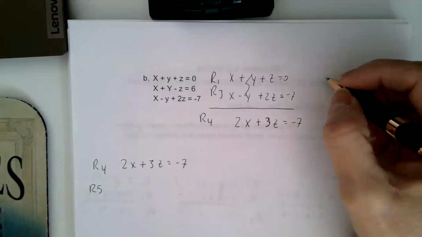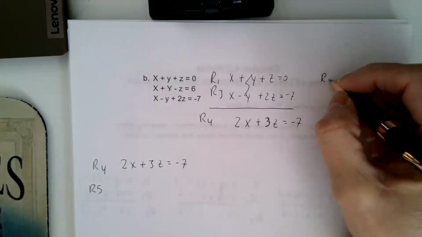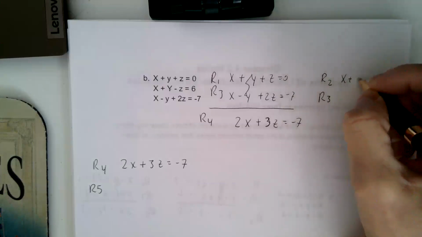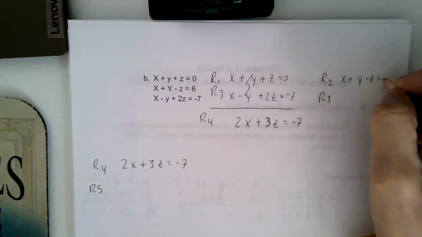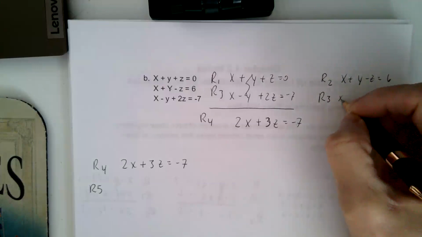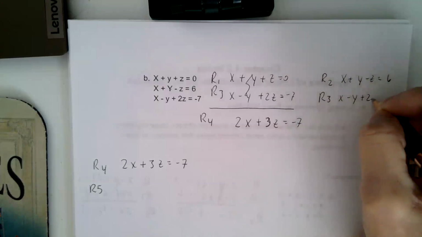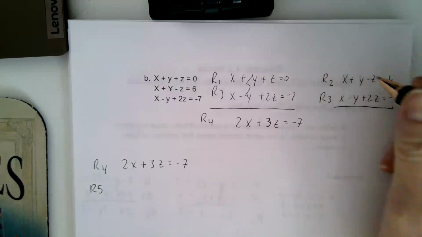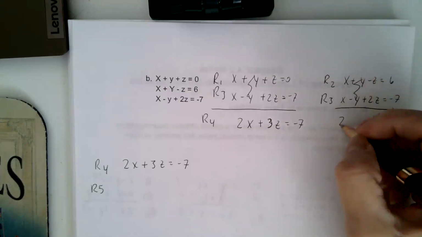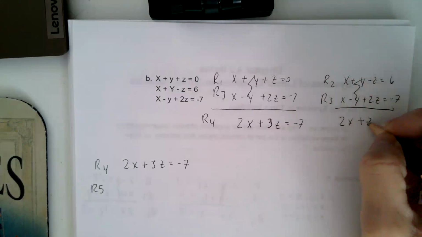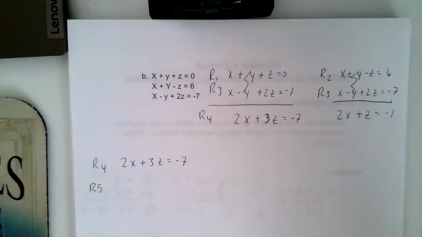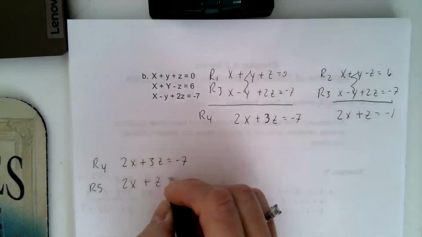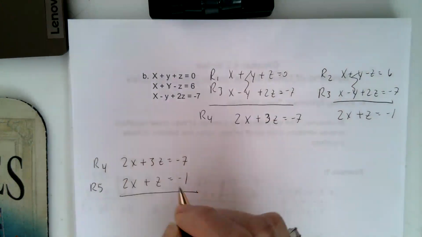And then I'm also going to do row 2 with row 3. So x plus y minus z equals 6, and x minus y plus 2z equals a negative 7. So the y's eliminate. I've got 2x plus z equals a negative 1. So row 5 is 2x plus z equals a negative 1.